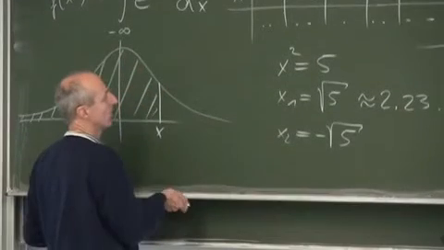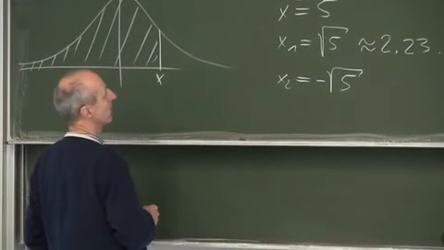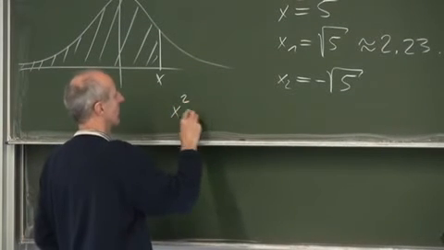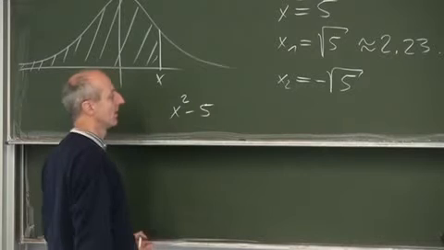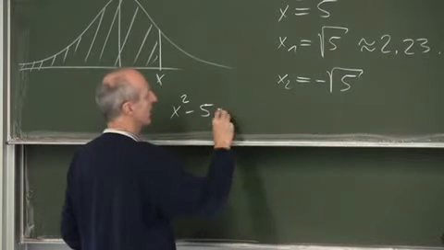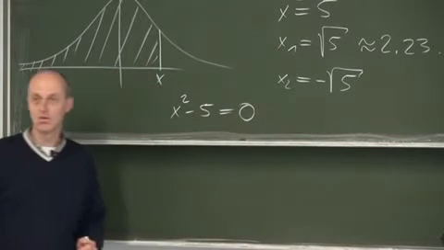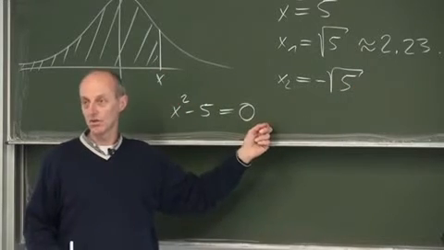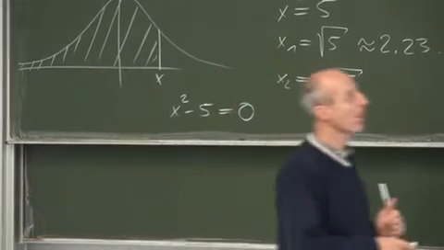For example, take the equation x squared minus 5. If you use this result, then you get 0. If you use this, then this is not 0. Okay, maybe this is trivial, but it is important.